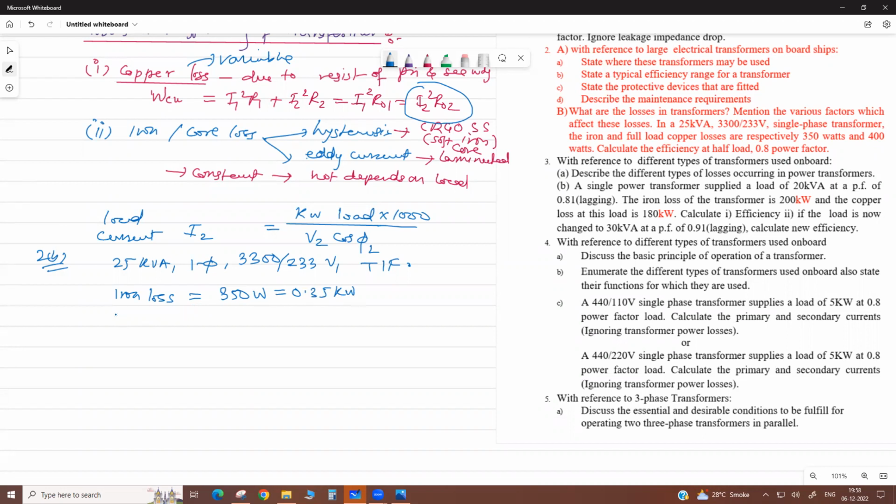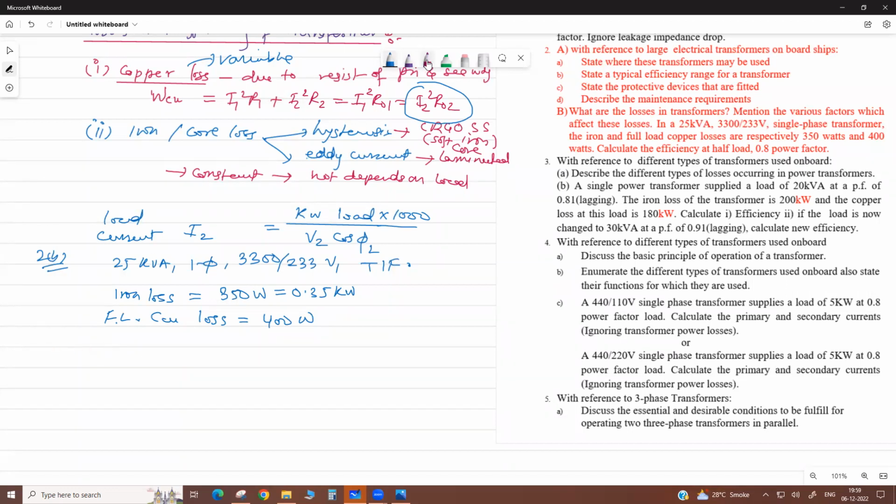Okay, and full load copper losses, always we write the load condition along with copper loss because they depend, are 400 watt. This is the load power factor. Now he said to calculate the efficiency at half load, 0.8 power factor.